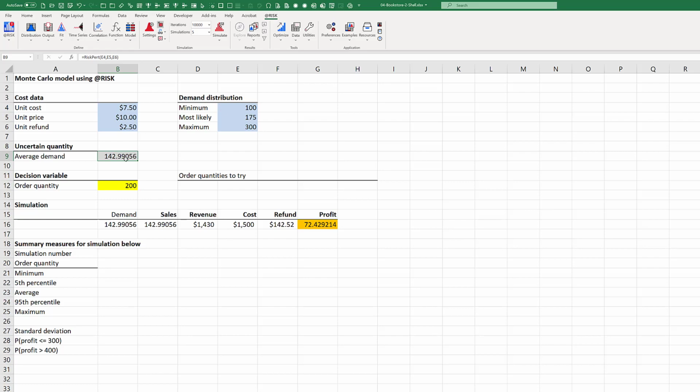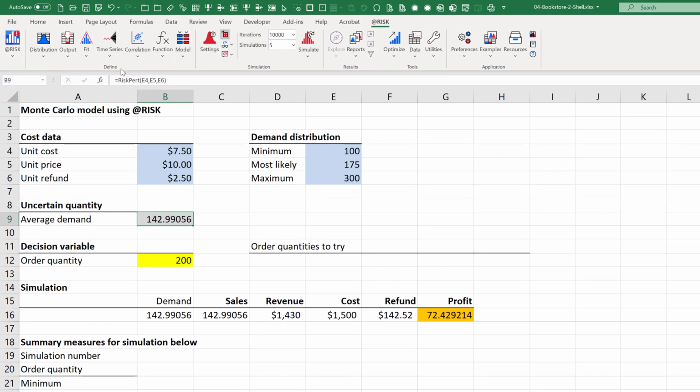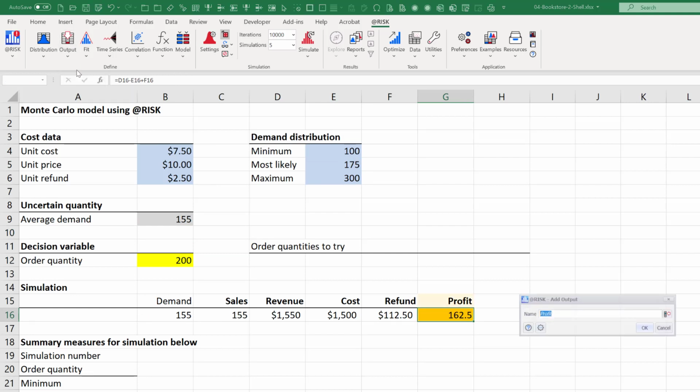So that gives you a simulated demand from this distribution, and if you want this to be a whole number, we can then use ROUND 0. Now we'll make profit an output cell.